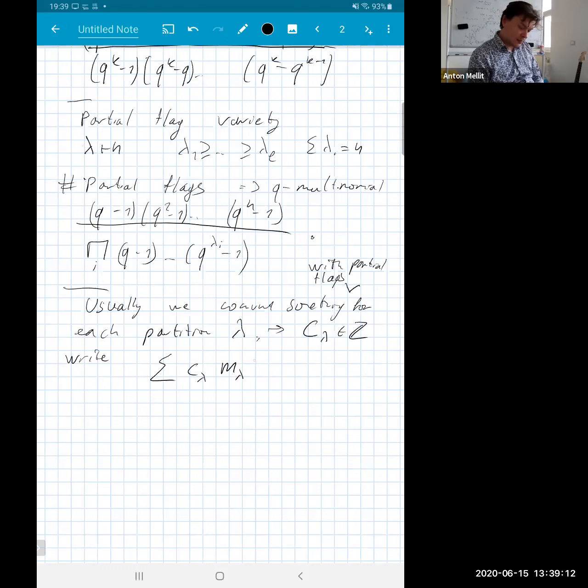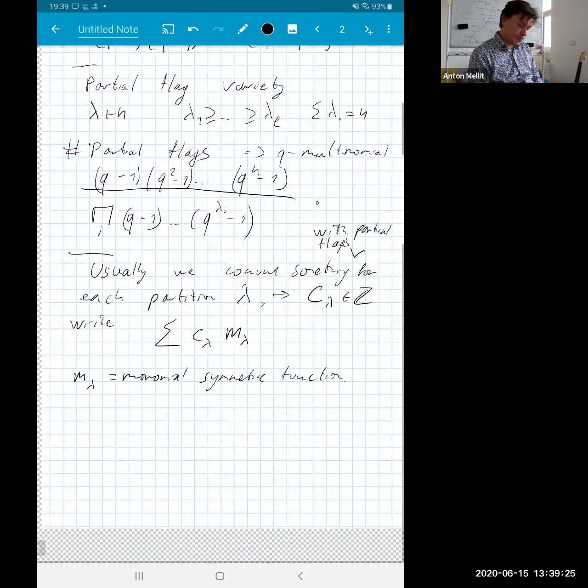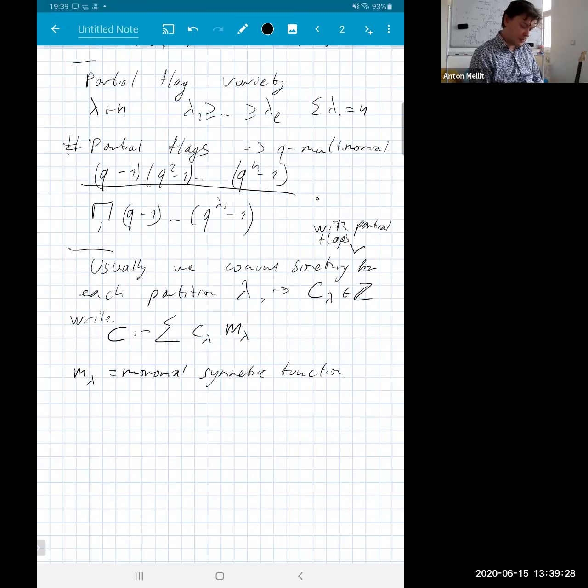where m_lambda is a monomial symmetric function. And another way to say this is that C is a sum of monomials, some A, x to the A, where we have our alphabet.